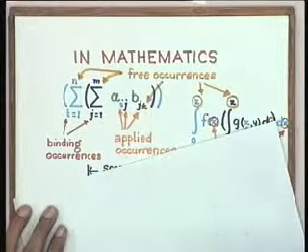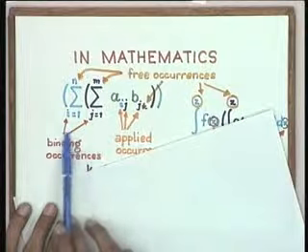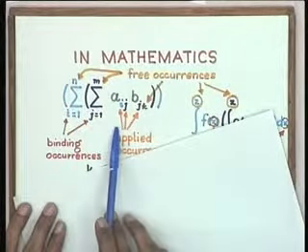So the whole issue has to do with names and naming, and what names mean, and when does a name have a meaning. So here is a case where the binding occurrences precede the applied occurrences.